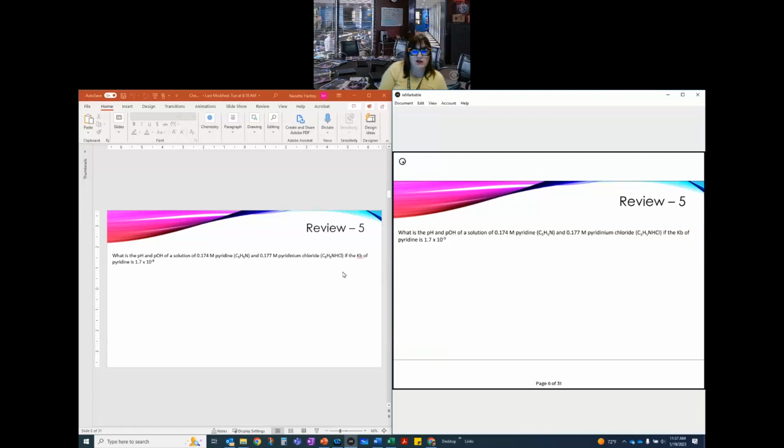It says, what is the pH and pOH of a solution of 0.174 molar pyridine and a 0.177 molar pyridinium chloride? If the Kb of pyridine equals 1.7 times 10 to the minus 9th, we want to know the pH and the pOH of this.